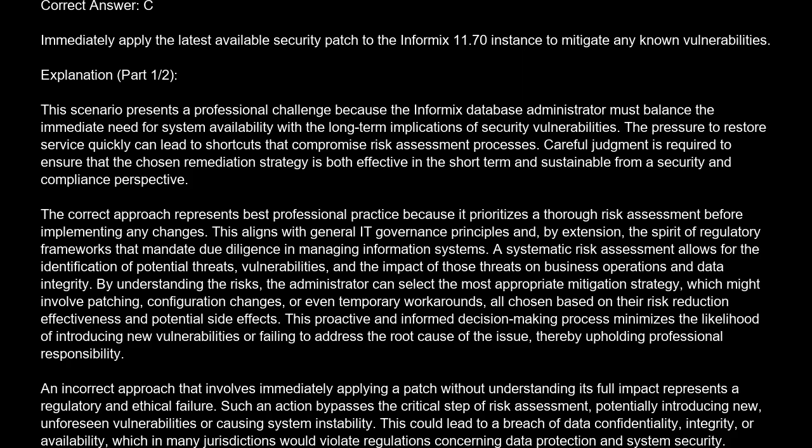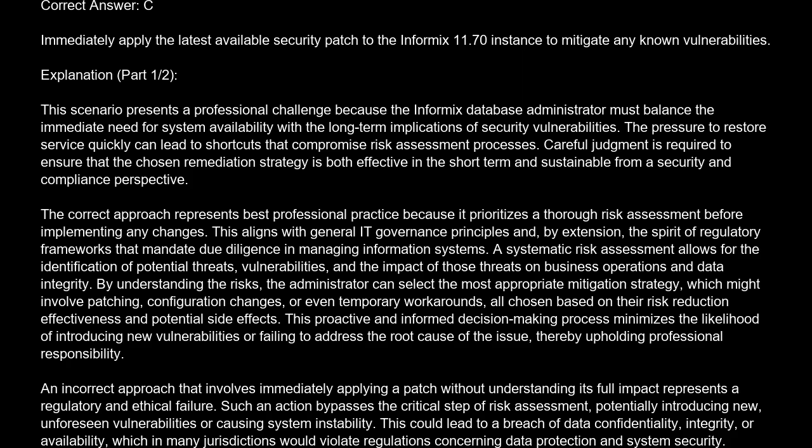The correct approach represents best professional practice because it prioritizes a thorough risk assessment before implementing any changes. This aligns with general IT governance principles and, by extension, the spirit of regulatory frameworks that mandate due diligence in managing information systems. A systematic risk assessment allows for the identification of potential threats, vulnerabilities, and the impact of those threats on business operations and data integrity.